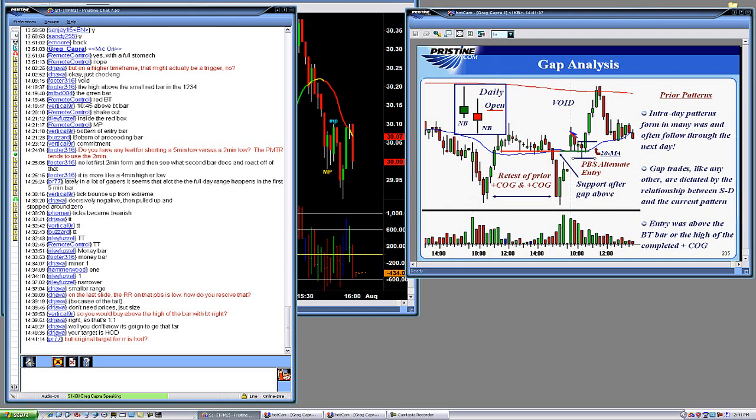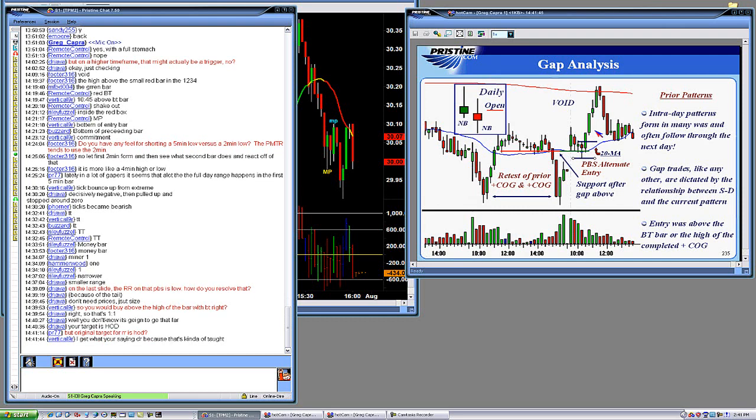But based on the daily chart, the gap up, the correction here, I'm looking for it to go higher. And I don't know that it's going to get to the 200 MA. I don't know that it's going to get through here or it's going to stop there. But the setup has good odds of getting through it.